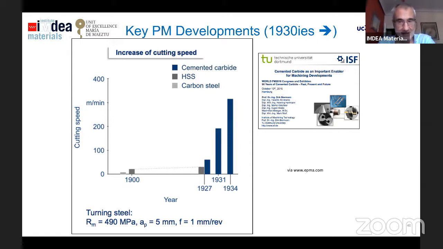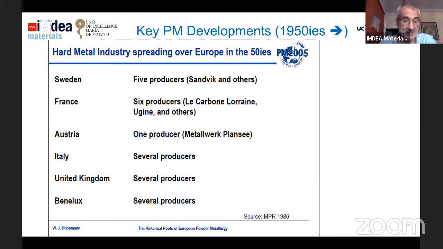But when we developed the cemented carbides, we increased from, let's say, 10 meters per hour to 10 meters per minute, to 400, 500, even higher speeds to produce materials by cutting, by machining.